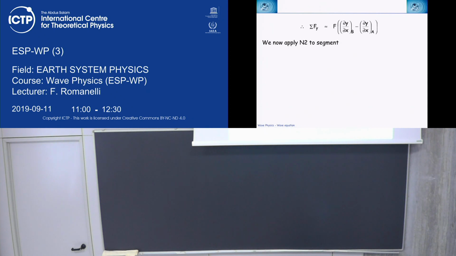If we have a net force, we will have an acceleration. Mass times acceleration. What about mass? It will be linear density times the length of a segment. Good. What about acceleration? Well, now, it's not a total derivative, because we have to say where we are along the string. So it's the partial derivative of y with respect to time twice.